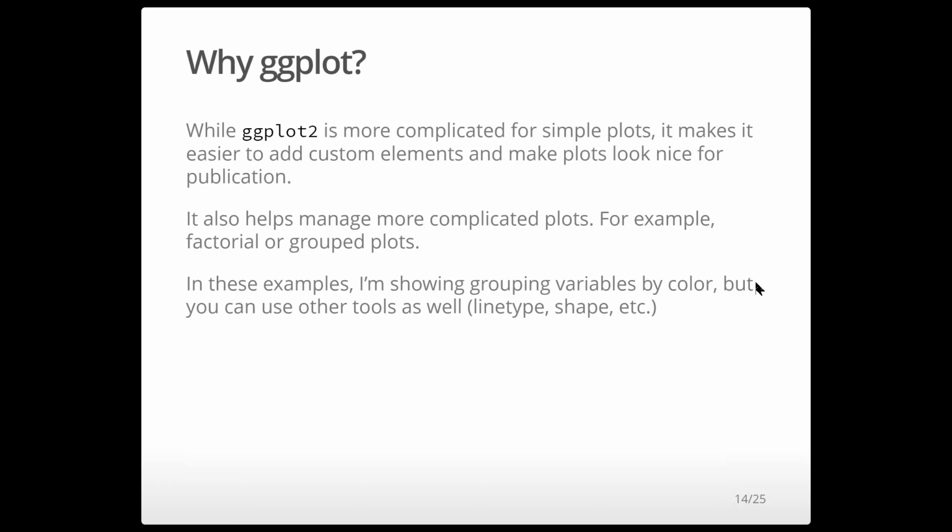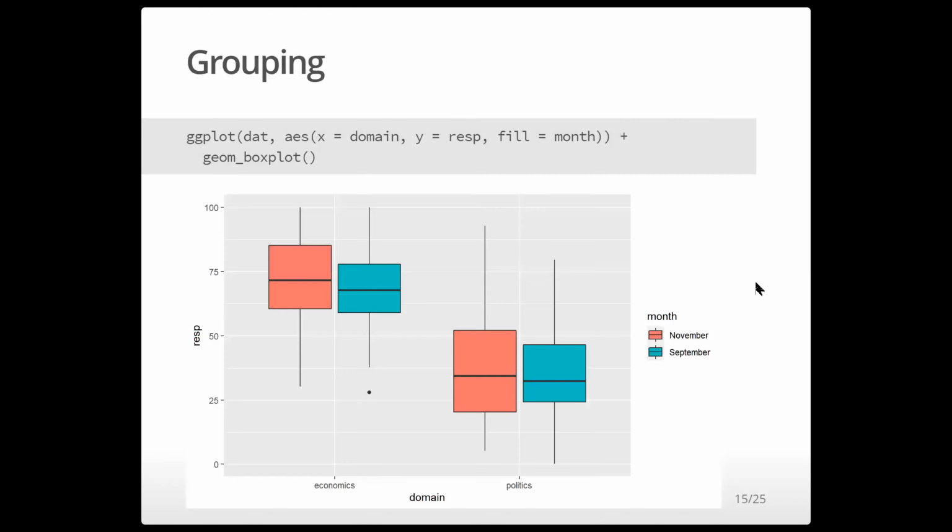So in this example, I'm going to show some factorial plots that are grouped by color. We can group other ways, such as line type or point shape, but color is just a bit prettier, so we're going to do that here. So here, what I'm doing is I'm using the fill argument to say that I want different colors for each different month, but otherwise this is the same box plot that we've seen.